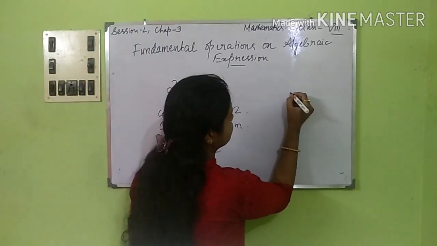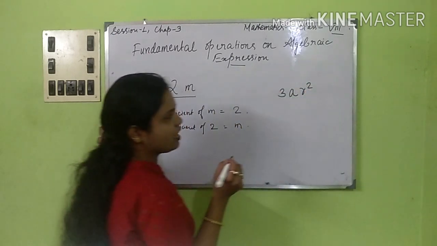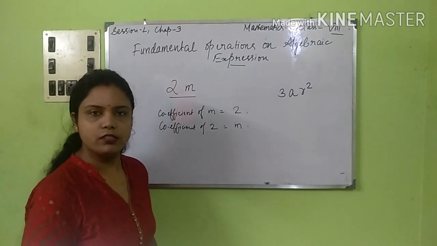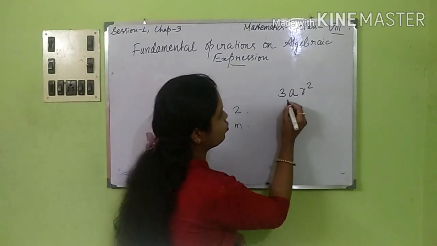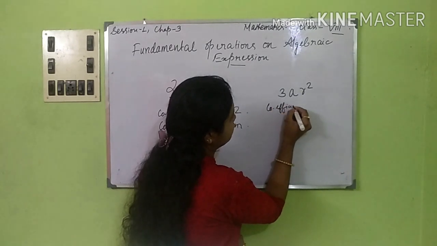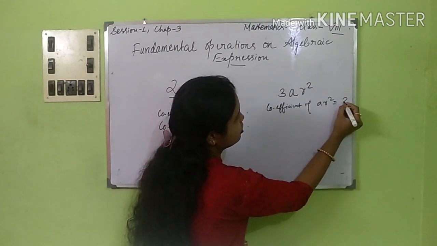Again, some more examples. Suppose it is 3ar square. This is a particular number that I have given. Now suppose I ask you which is the coefficient of ar square. It is 3.